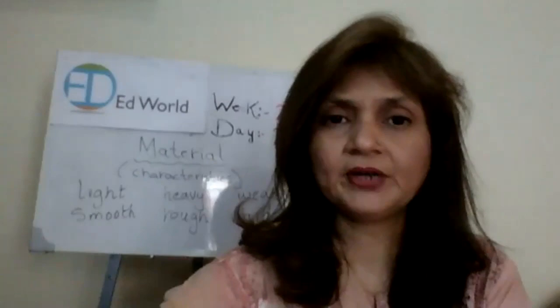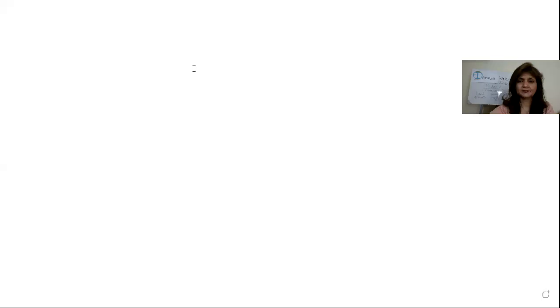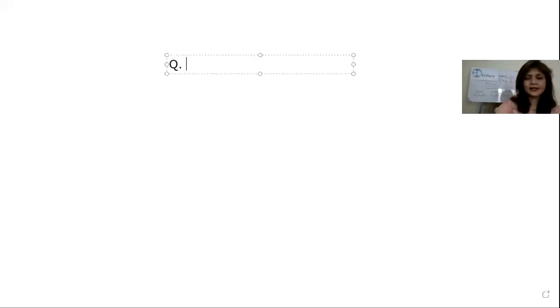Okay, there you go. Can you see my screen, children? All right. There you go. The question is, name 5 things and their properties.